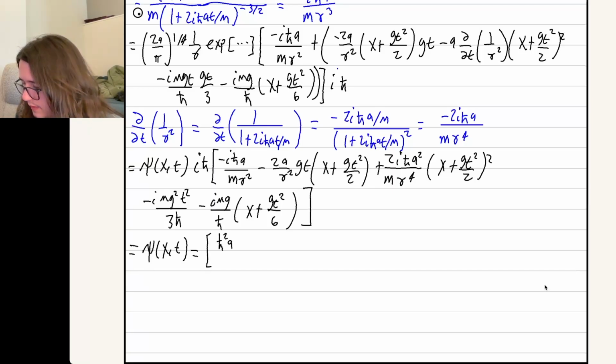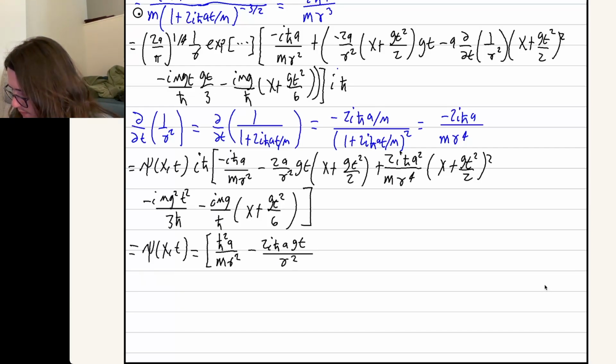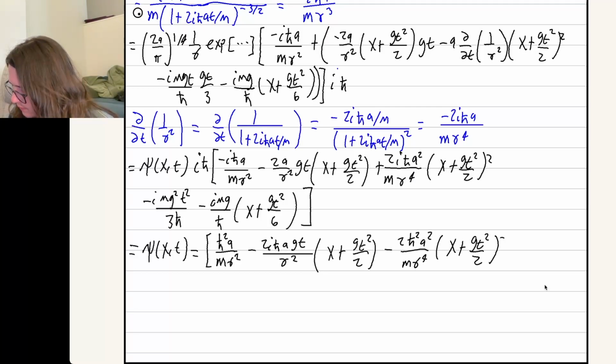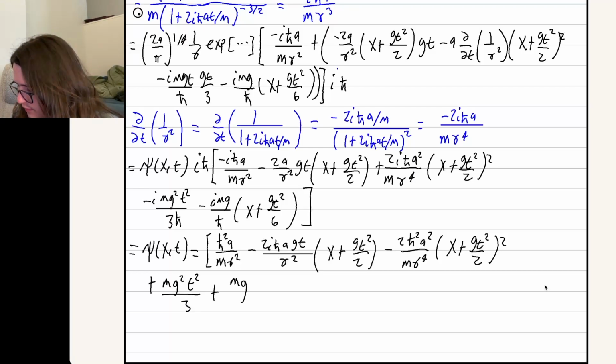So we have h bar squared a over m gamma squared, minus 2i h bar a g t over gamma squared times x plus g t squared over 2, and then it's actually minus 2 h bar squared a squared over m gamma to the fourth times x plus g t squared over 2 all squared, plus m g squared t squared over 3, plus m g times x plus g t squared over 6.